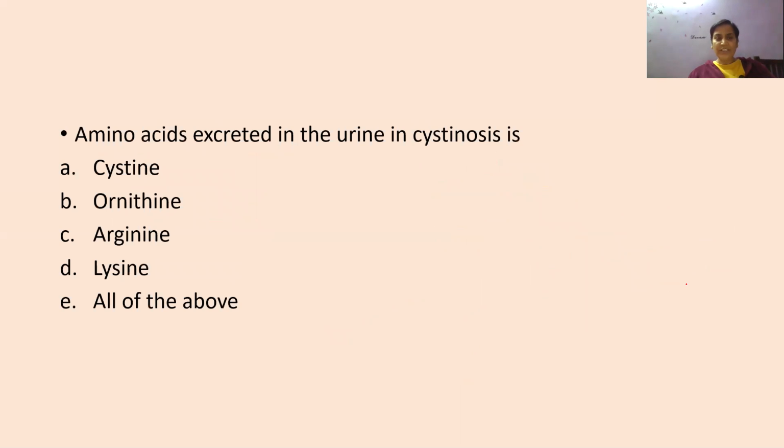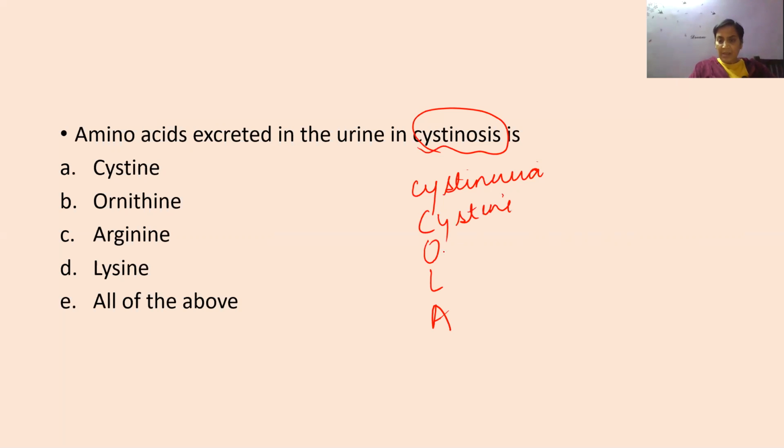Moving on to the next question, amino acids excreted in the urine in cystinuria. Now this is simple cystinuria, and there is excretion of 4 amino acids in urine, which are cysteine, ornithine, lysine, and arginine.